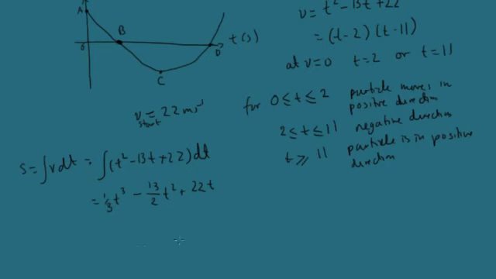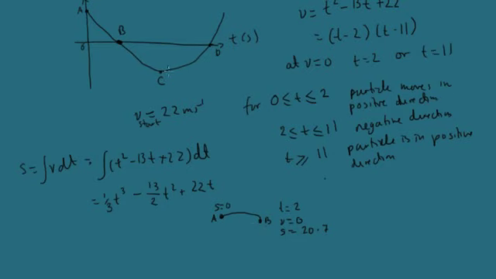Now if we were to do a sketch of how the displacement varies, we'll start with the particle at point A, and so s equals 0. It goes away in the positive direction and then it gets to point B, and that's at t equals 2, v equals 0, and if you were to plug the numbers into the displacement equation, s would be 20.7.